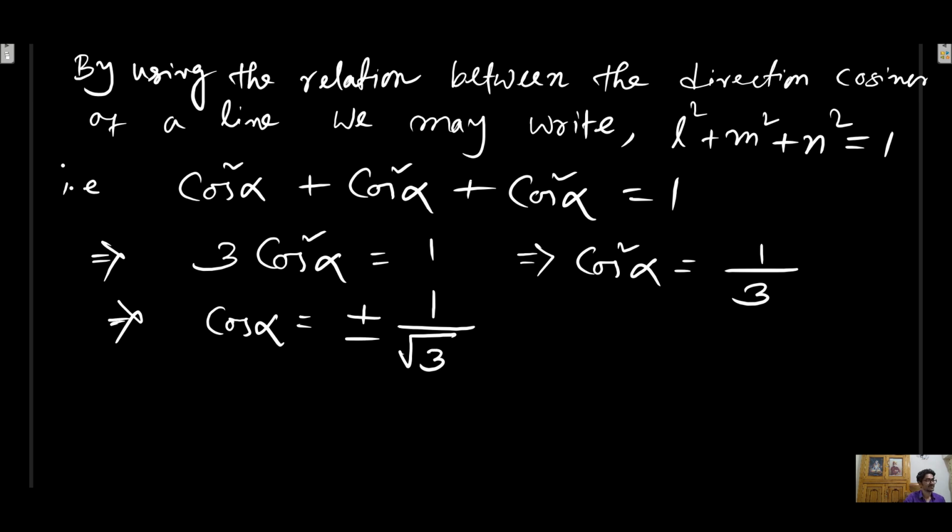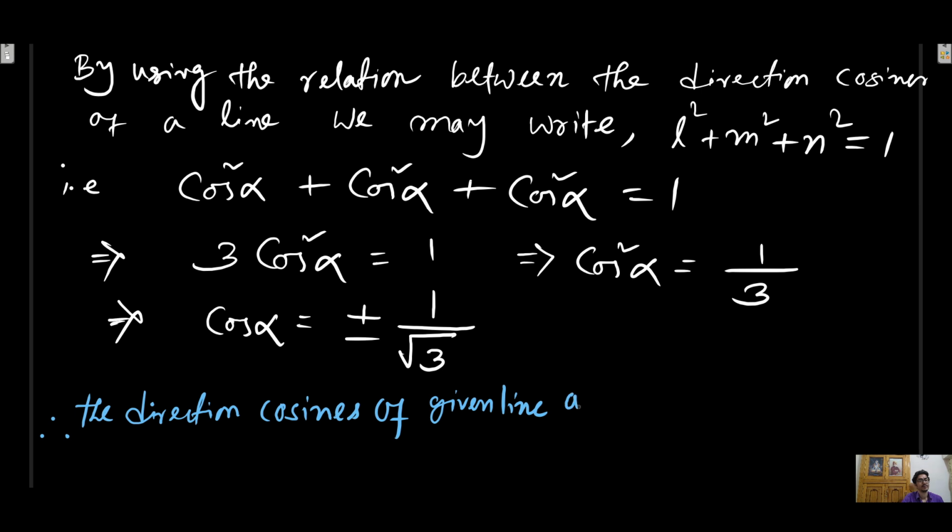So therefore the direction cosines of given line are plus minus 1 by root 3, 1 by root 3, 1 by root 3. Solved.